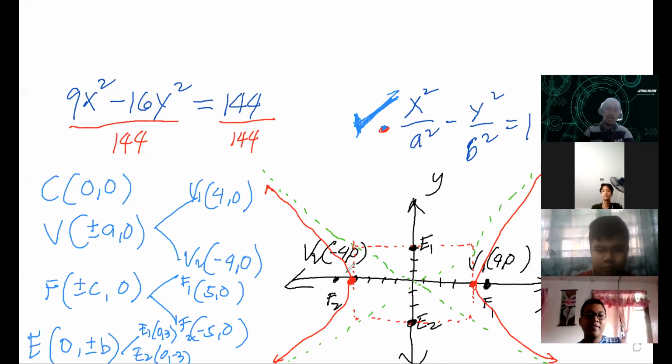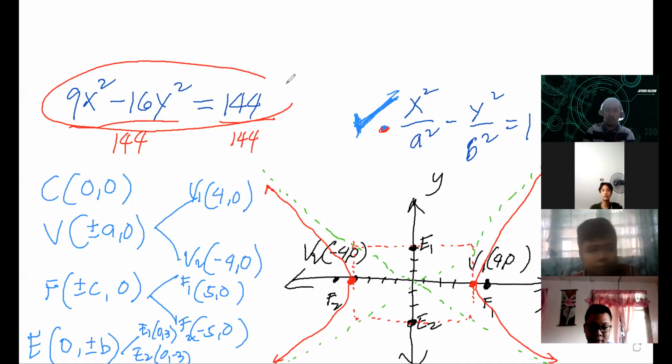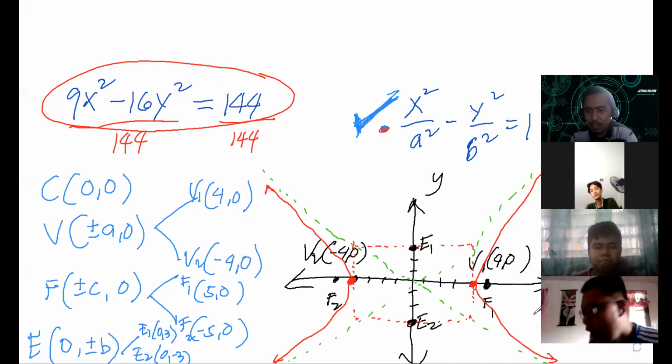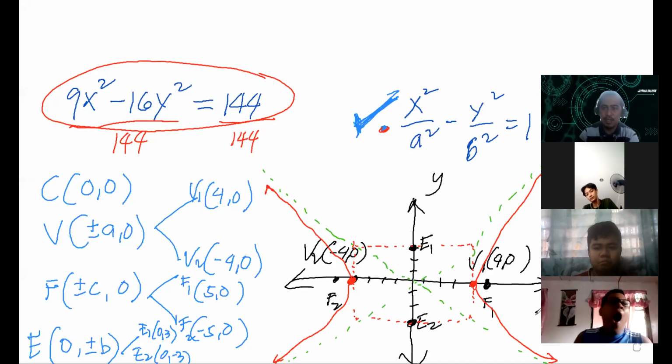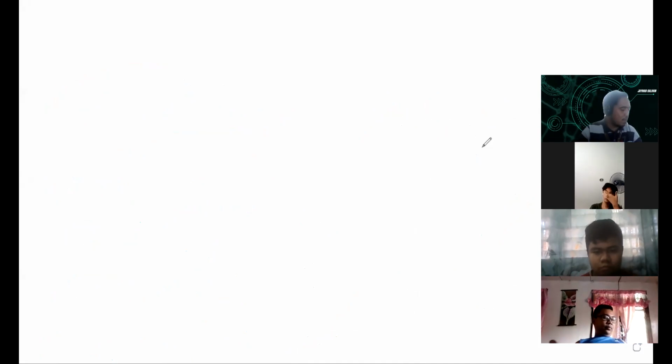So that is now the hyperbola 9x squared minus 16y squared equal to 144. Any questions? No question?